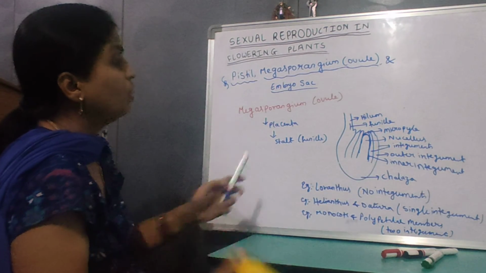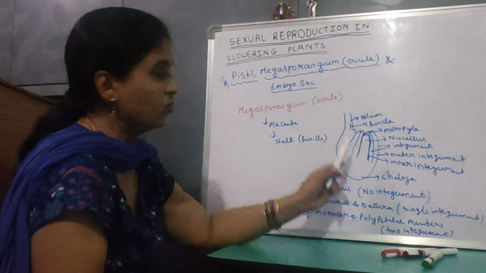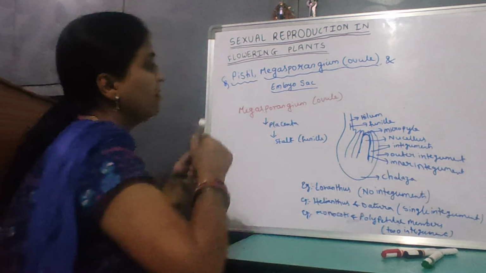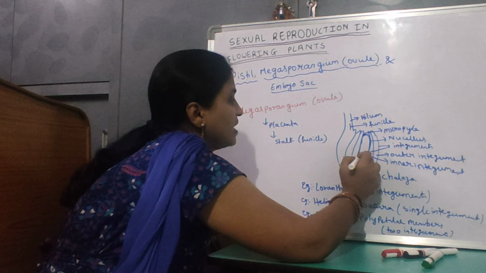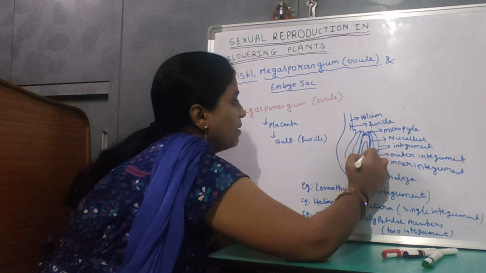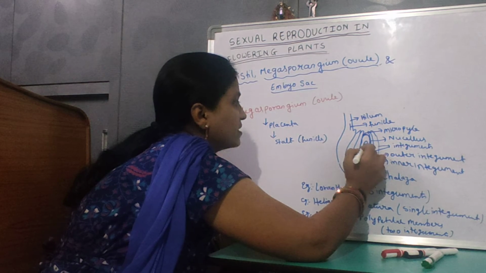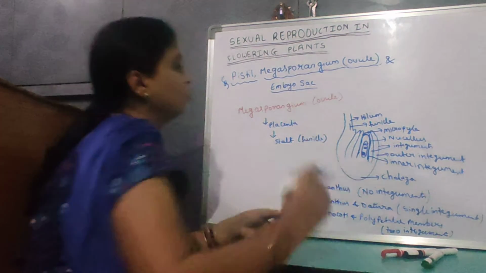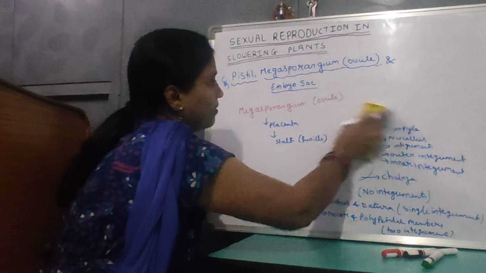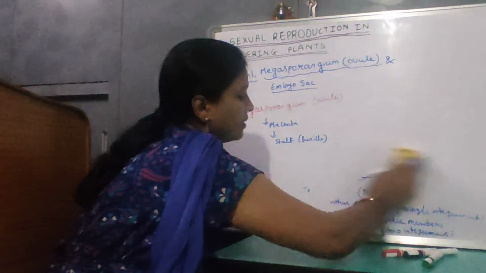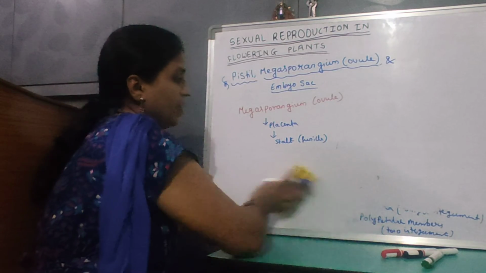Now coming on to the types of ovules. What are the different types of ovules? This nucellus tissue, after a few divisions, is going to produce the embryo sac inside. We'll discuss that in detail afterwards.